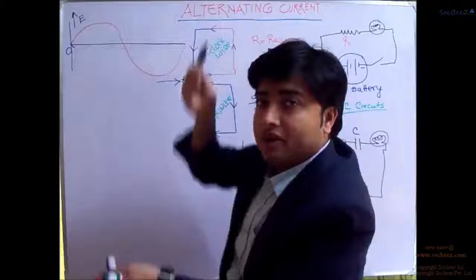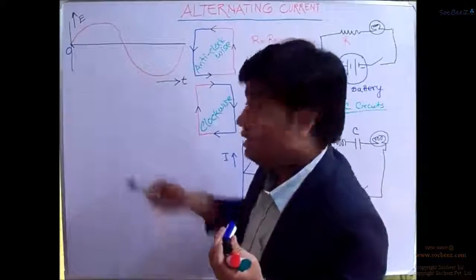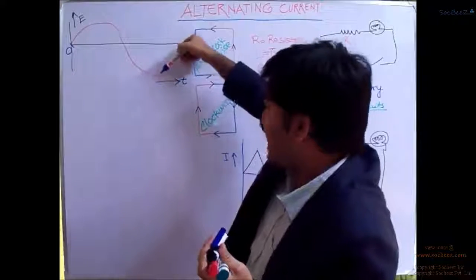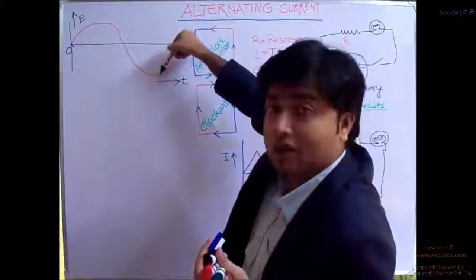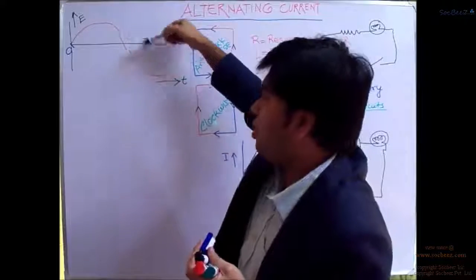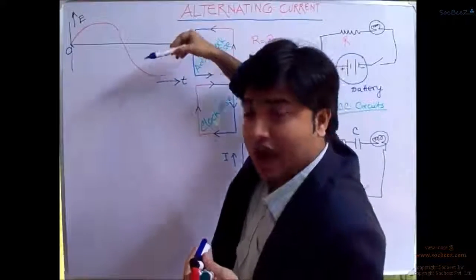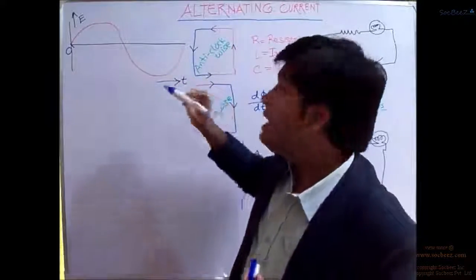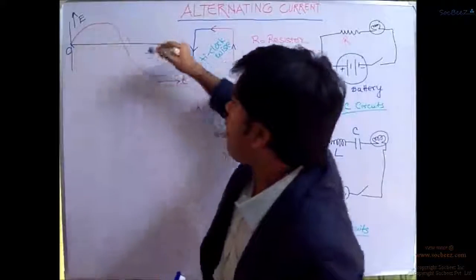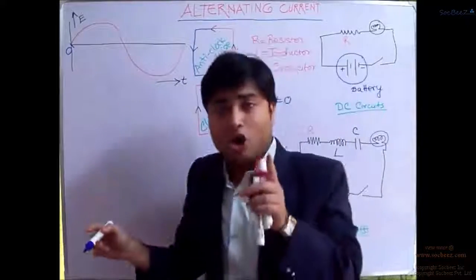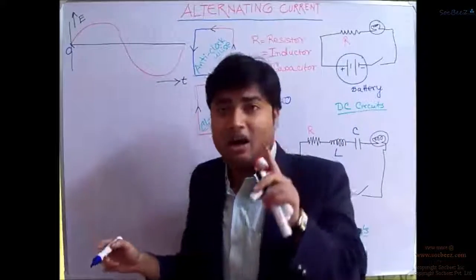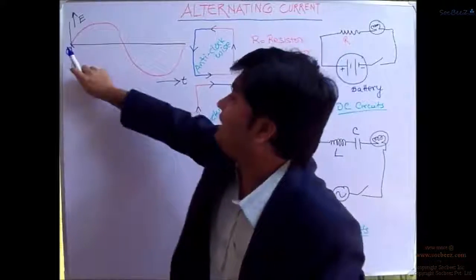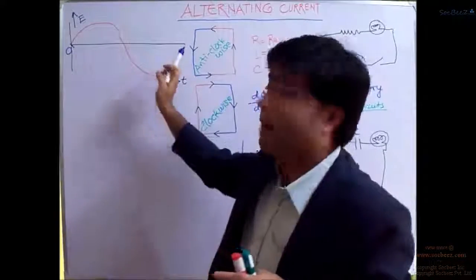Now it will reverse the direction. It will come back to this point, attain the maximum value in the reverse direction, and then again go back to 0, right? This is the completion of one cycle, because we know that the sine curve changes from 0 to 2 pi.